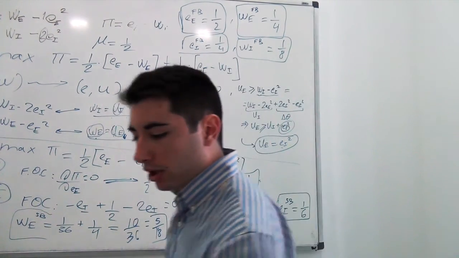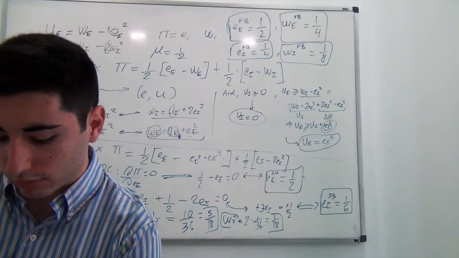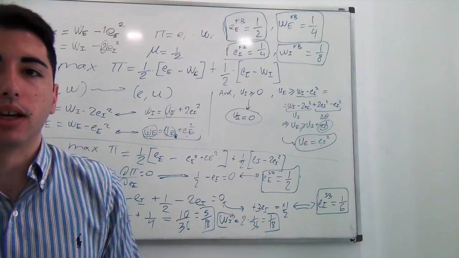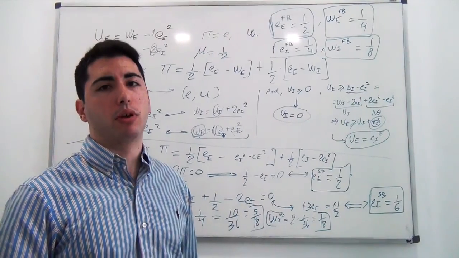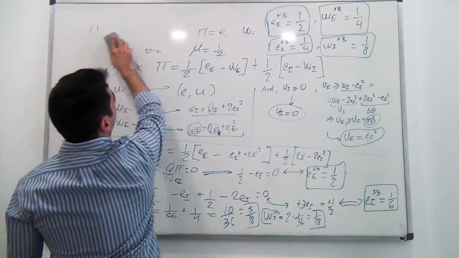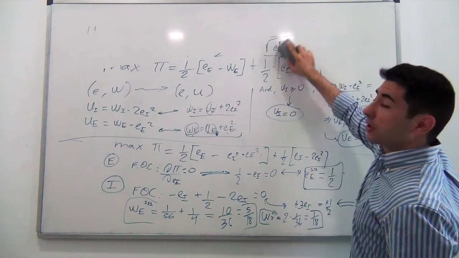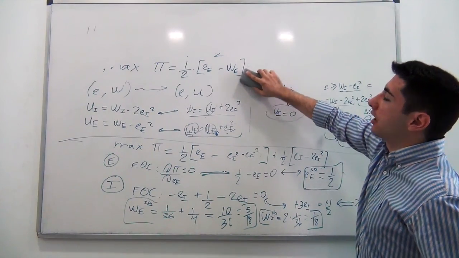And now finally we're just going to present briefly an application of moral hazard problems, which involves something called likelihood ratios.